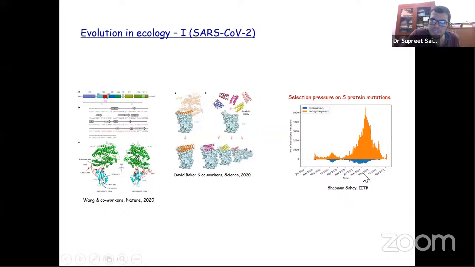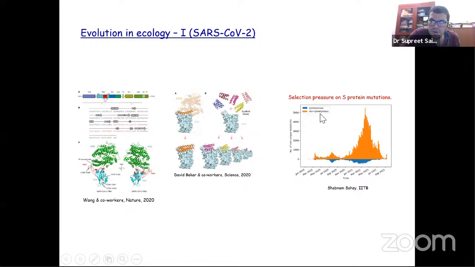And if you see here, this is the mutational map, giving you an idea of all the mutations that are happening in the S protein since the last year and a half or so. And there are lots of changes taking place in the S protein sequence.